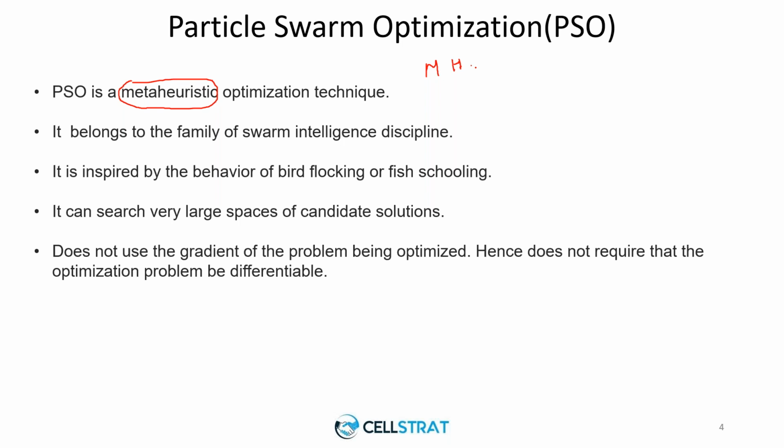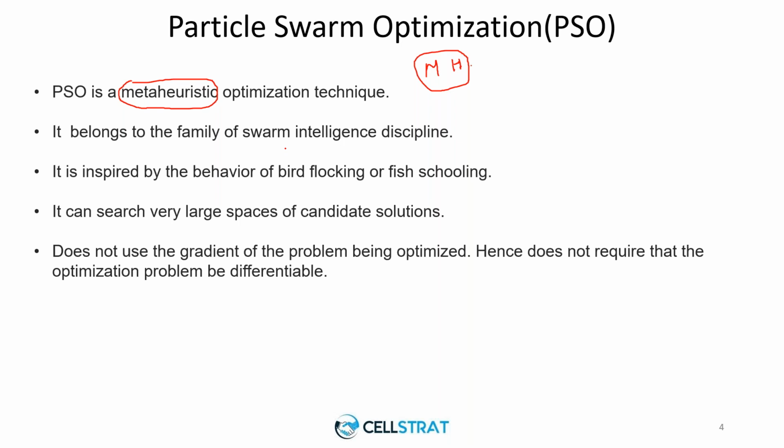So it is a must to be aware of what problem you're solving for heuristic problems, whereas meta means an advanced search approach, where it can be generalized to any problem. So you really don't need to be aware of what actual problem you're solving. It can be generalized to a set of problems. So you can just say meta heuristic is nothing but advanced search by trial and error, to put it in very simple terms.